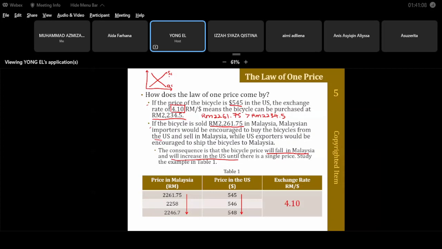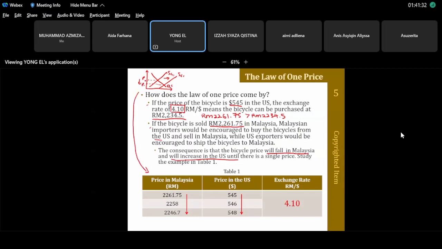Therefore, the supply curve will shift to the right side, right here. The consequence is that the price decreases in Malaysia. The price of bicycle decreases in Malaysia, as you can see in this table.